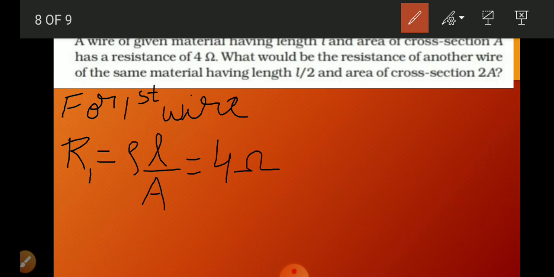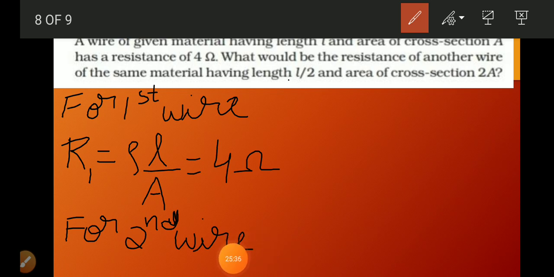Next, let's consider the second wire. I'll take the resistance as R2, which we have to find.